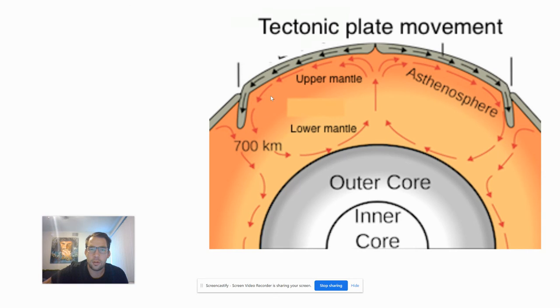So as the hot rock flows in this circular path, it's going to push the lithosphere, and at these different boundaries, plate boundaries, part of the plate is going to go down, and then the other part is going to go on top of that. So we have this recycling of rock as this lithosphere gets pushed downward into the asthenosphere.